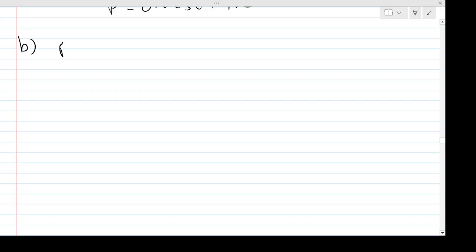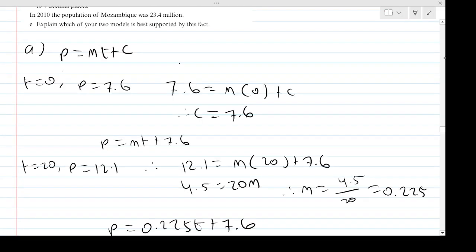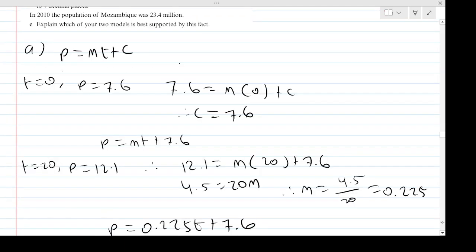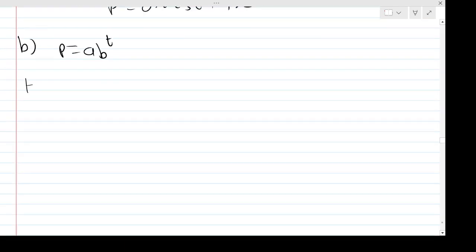So it's an exponential equation, and we basically need to find the values of a and b. So again, I've got these two results here. At t is 0, P is 7.6.